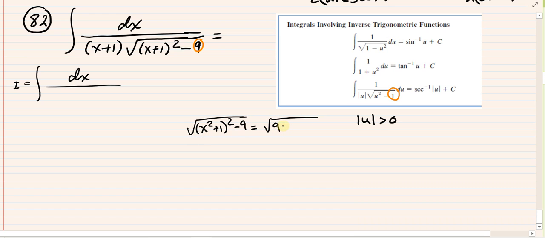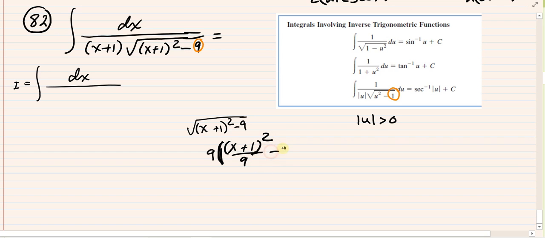And this is going to be factoring a 9. I'm going to have 9 factored out. So it's going to be x squared plus 1 over 9, right? And actually, sorry, it's just x plus 1 quantity squared. And I'm going to make that squared over 9.